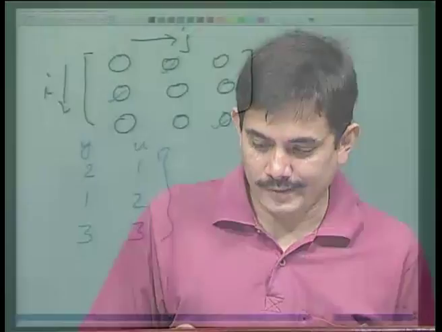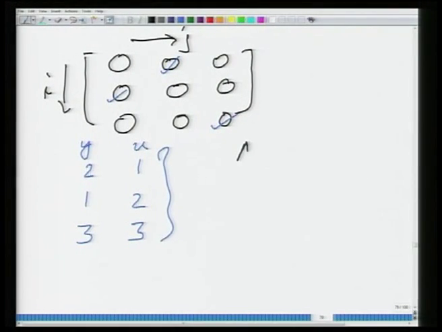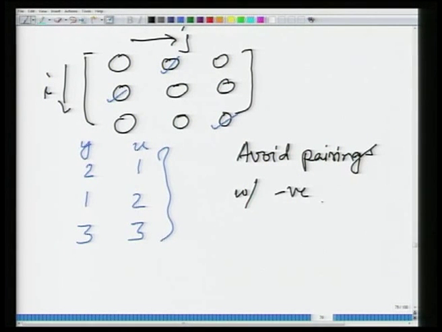What should you avoid? Avoid pairings with negative relative gain. Why is that?